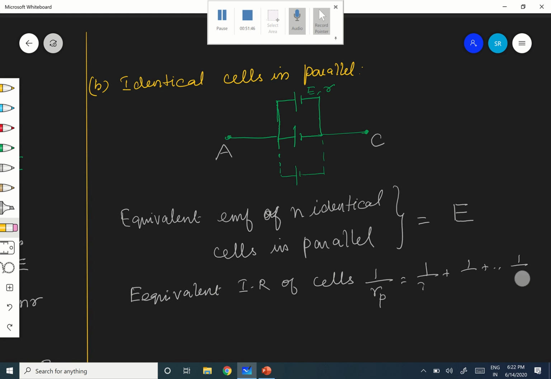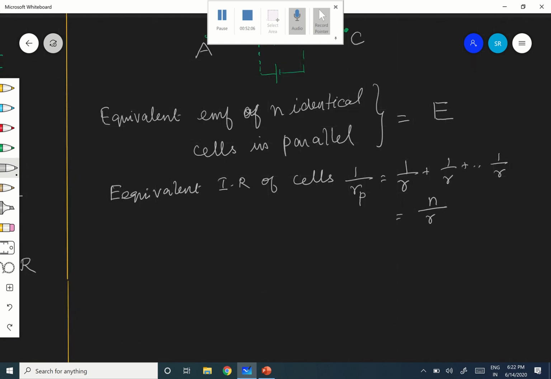Therefore 1 by r plus 1 by r plus 1 by r, n times, is n by r. This is 1 by Rp. Therefore Rp equals r by n. Very simple. If n identical cells are connected in parallel, the net internal resistance is nothing but r divided by n. Right. Now I have both.